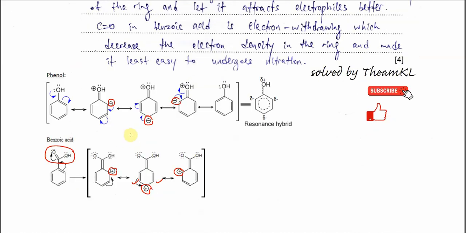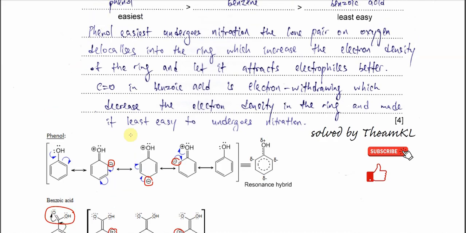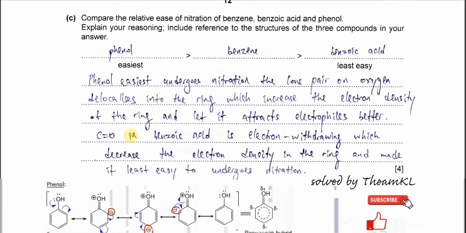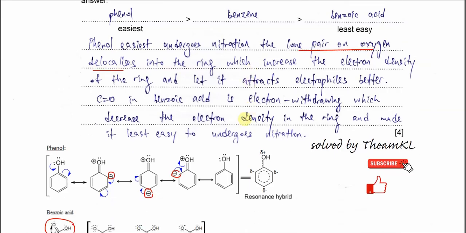So if you understand what I'm telling you now, you should be able to understand the explanation. Why is phenol the one that is easiest to undergo nitration? Because the lone pair on oxygen delocalizes into the ring, and after it is delocalized, it increases the electron density of the ring, making it easy to attract the electrophile, in this case the nitric acid.